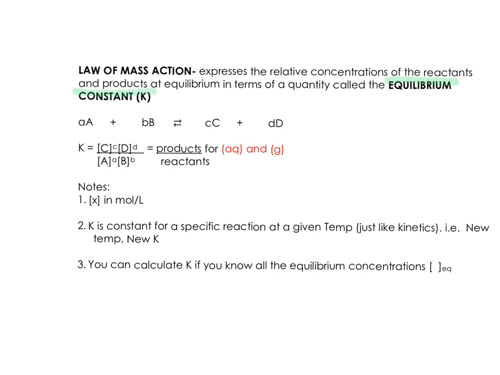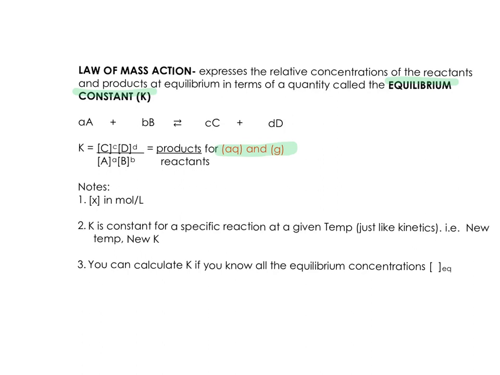Okay, so you have a reaction, just a general reaction, and it will be the products over the reactants, but you can only put in values that are subscripts aq and gas state.